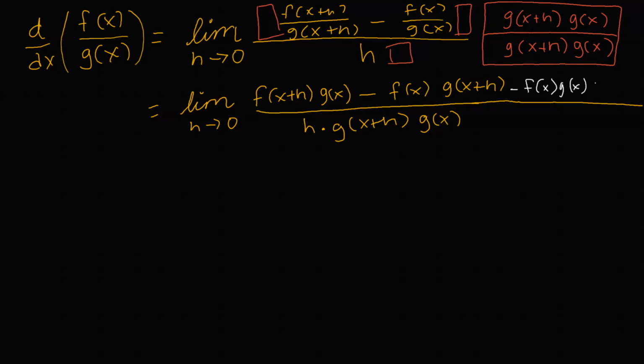So this would be the limit as h goes to 0 of, and I'm going to go ahead and split up the limit as h goes to 0. The denominator is going to stay the same when I split the limit.